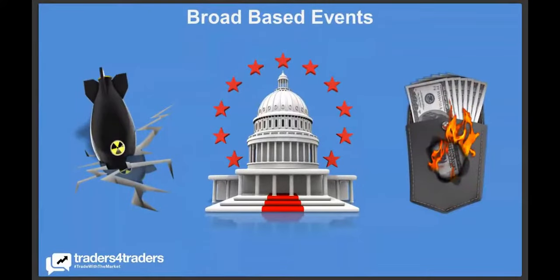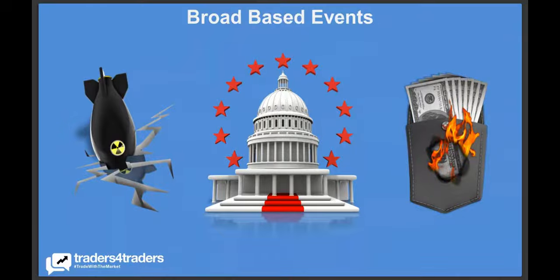They're usually broad-based events. As I mentioned, the US is the major market or economy in the world. So a lot of weird things coming out of the US, especially around Donald Trump since he's been elected president. Terrorism events are another major problem. Then we've also got situations of global debt, whether it's US, European, or just anywhere for that matter.